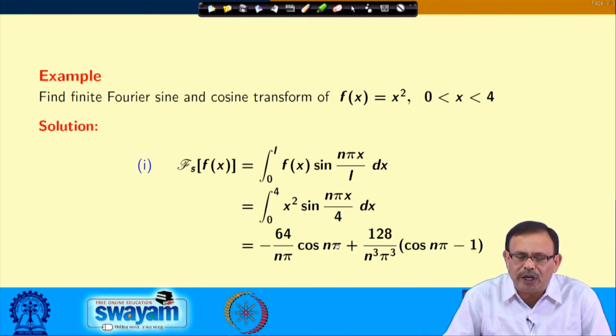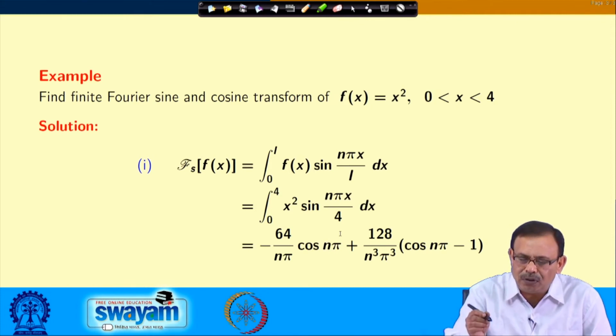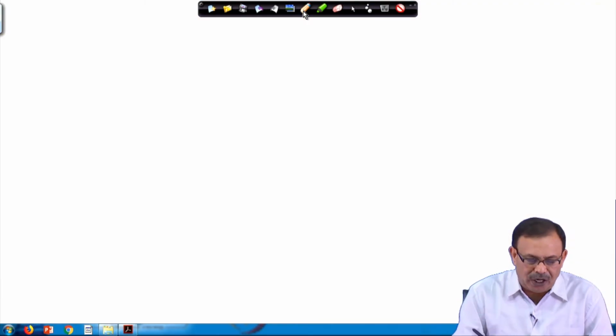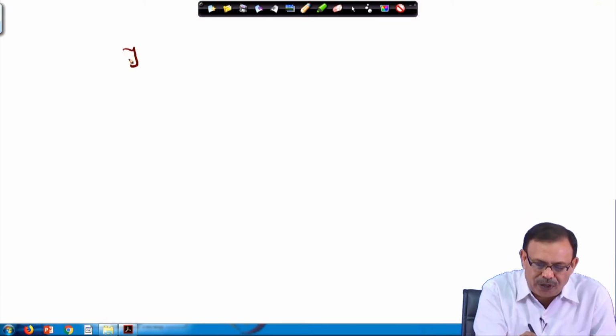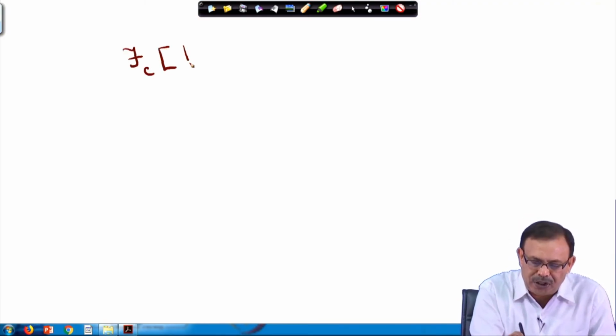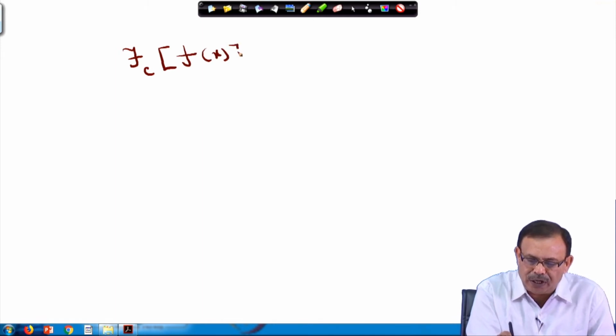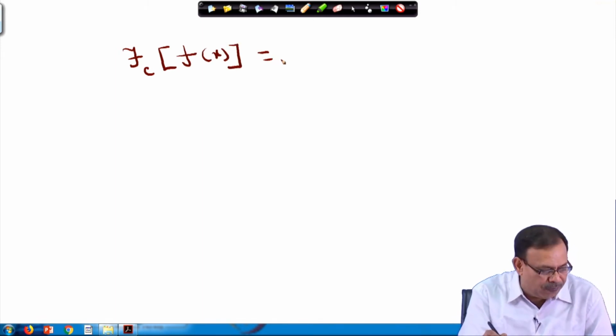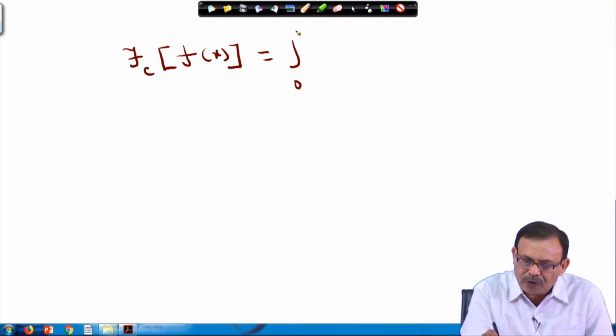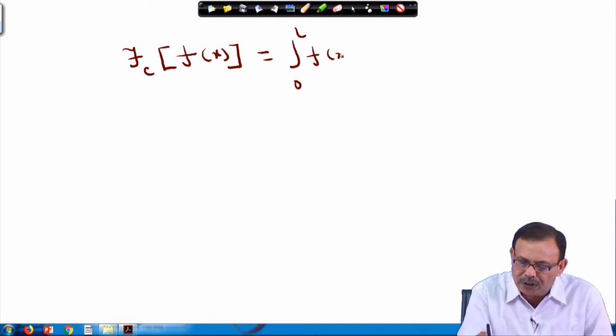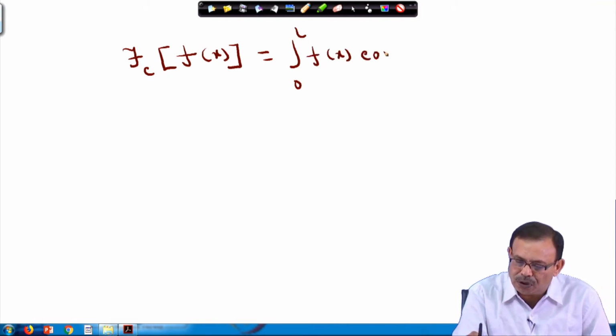In the same way I can find the Fourier cosine transform also. Let us see it. The finite Fourier cosine transform of f(x), F_c of f(x), is equal to the integral from 0 to L, from the definition, of f(x) into cos(n pi x by L) into dx.